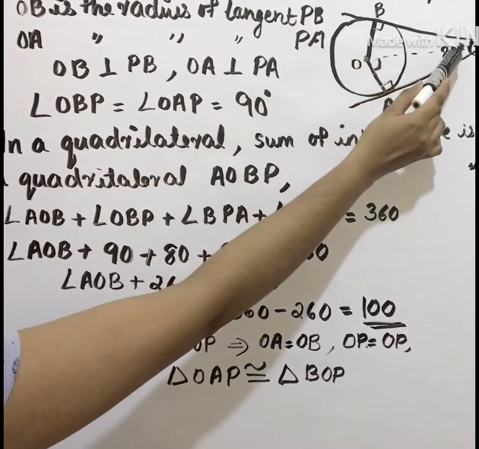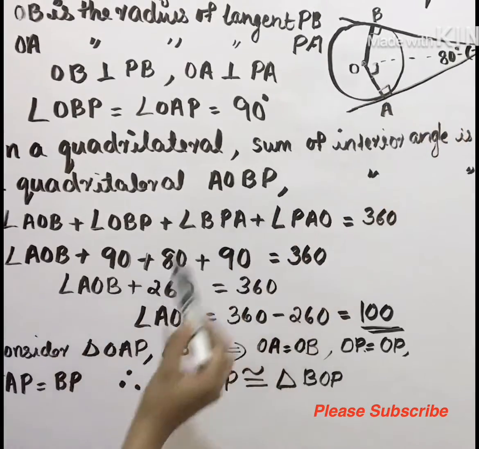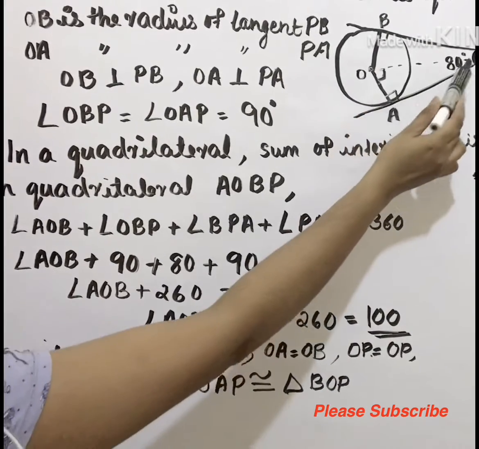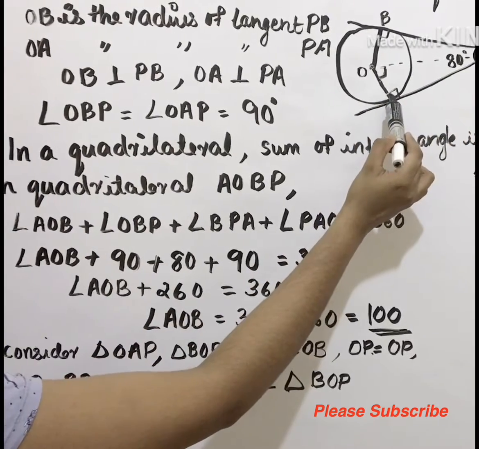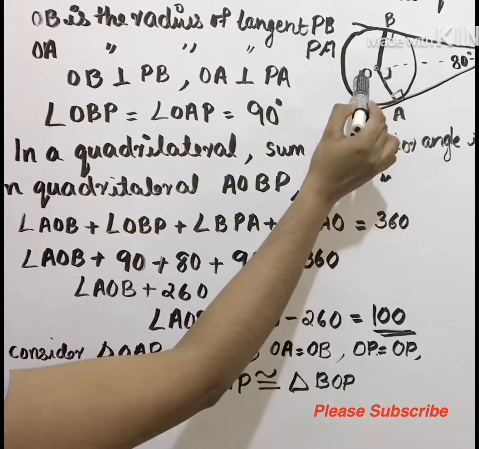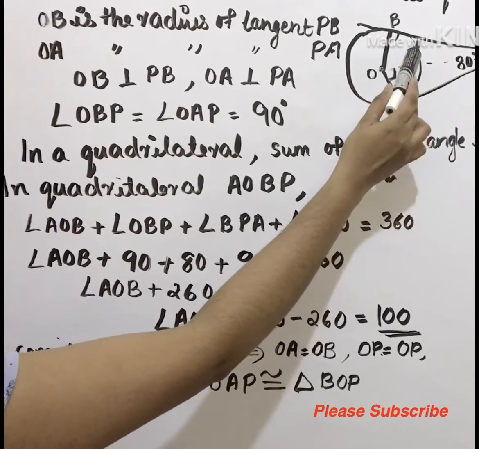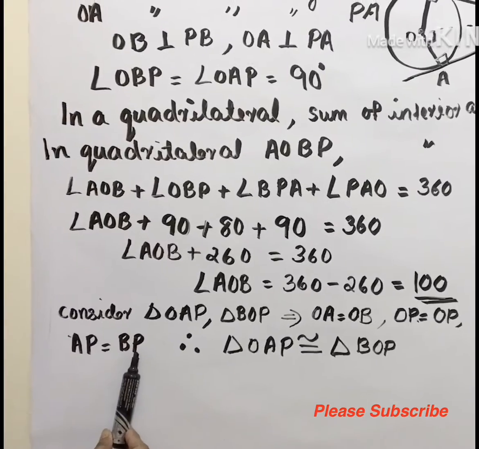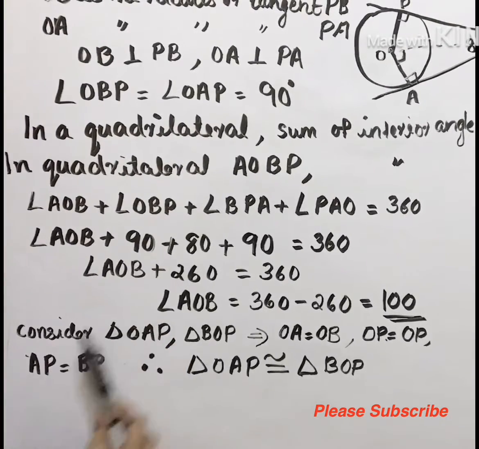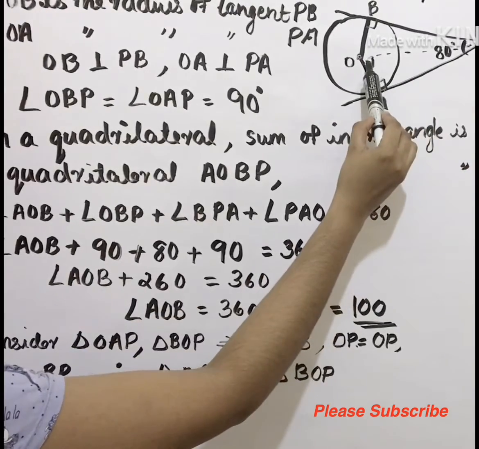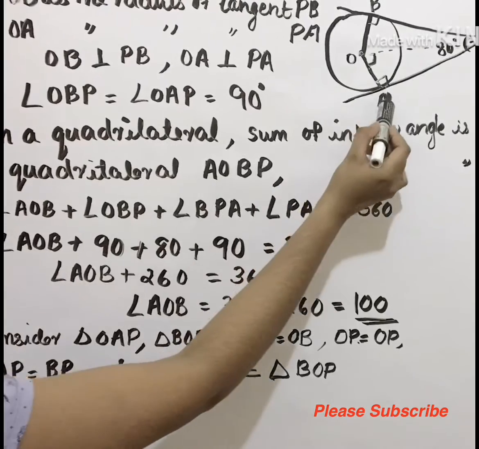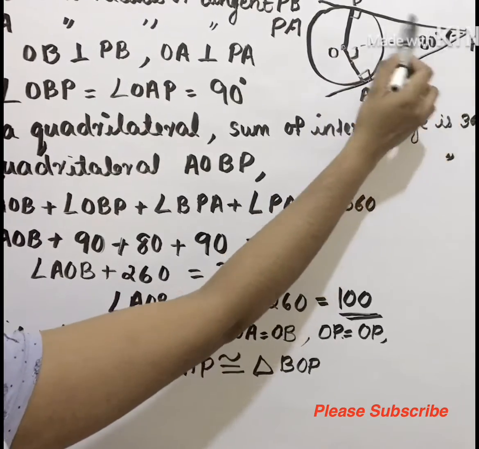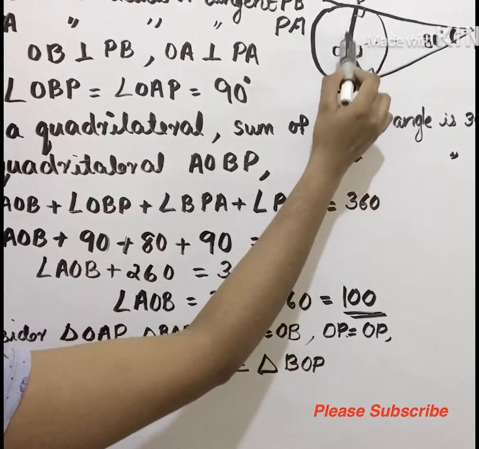The angle opposite to AP is AOP, and the angle opposite to BP is BOP.